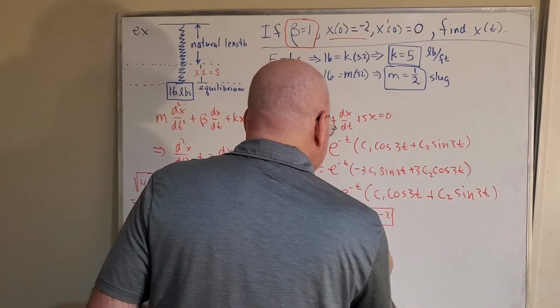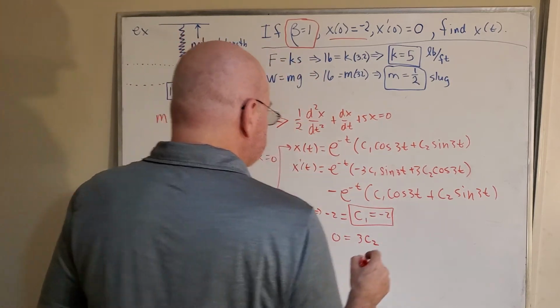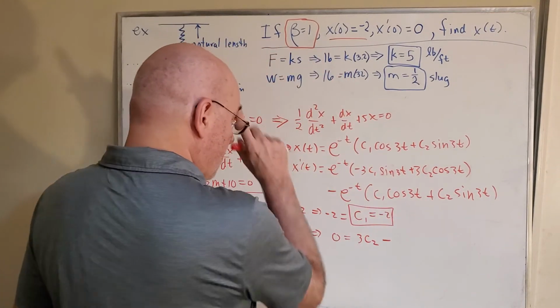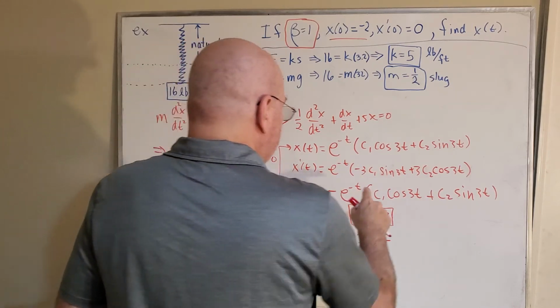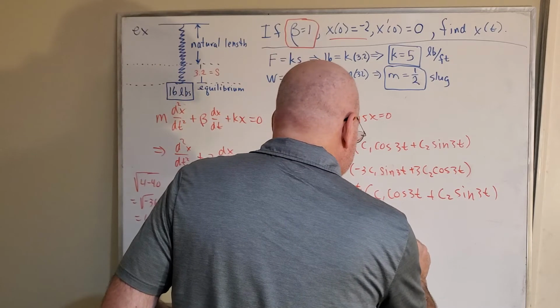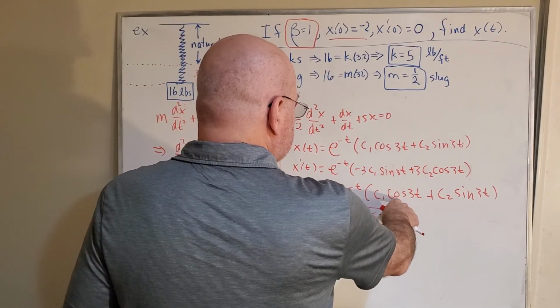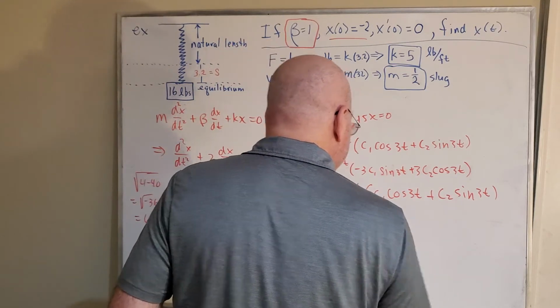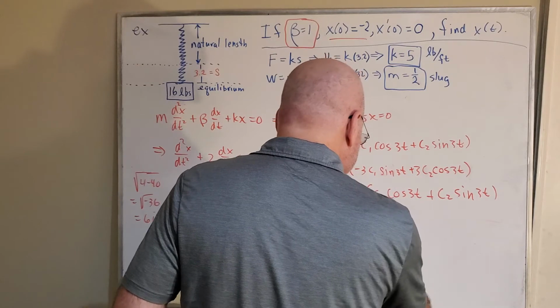So 3c2, minus e to the 0, which is 1, times c1 cosine of 0, which is just c1, but sine of 0 is 0.